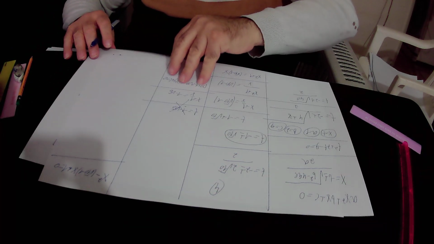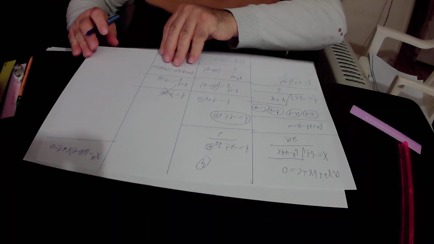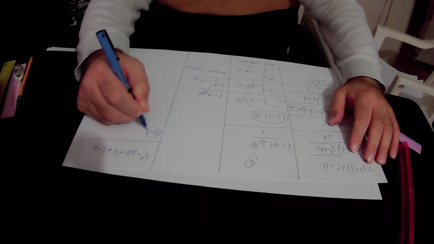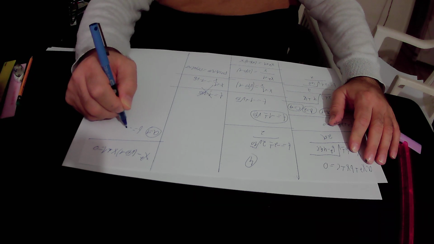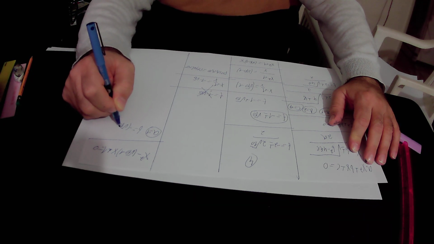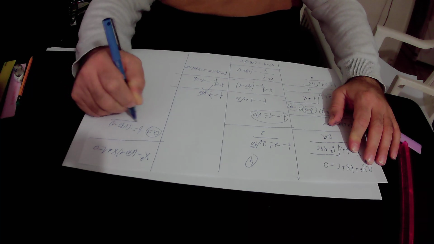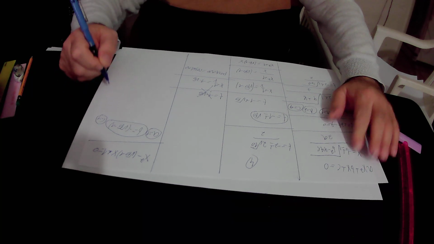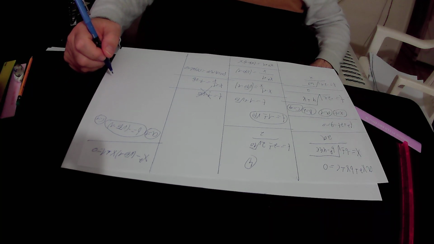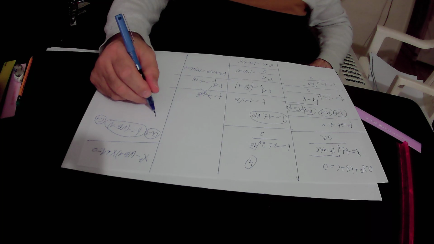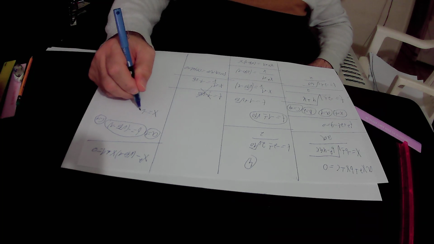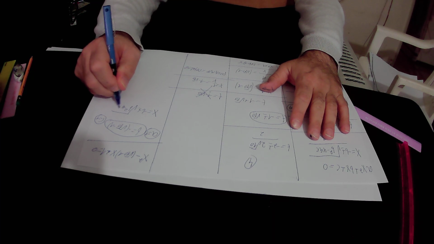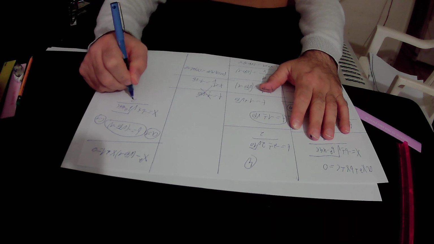In this quadratic equation, the coefficients are as follows: a equals 1, b equals minus square root of 10 minus 1, and c equals 1. And the general solution for a quadratic equation is x equals minus b plus minus square root of b squared minus 4 times a times c over 2a.